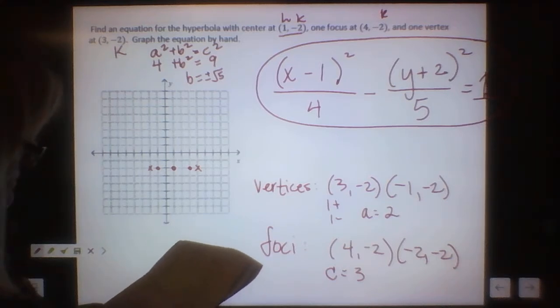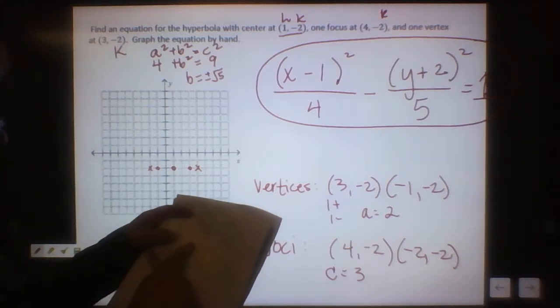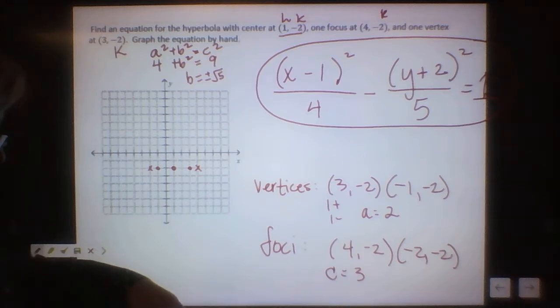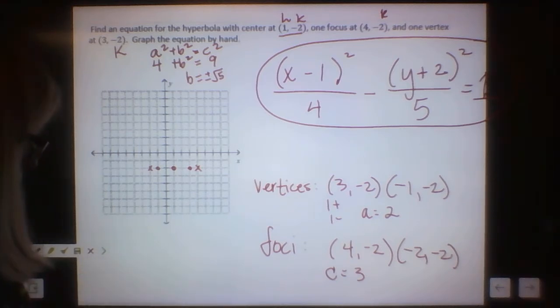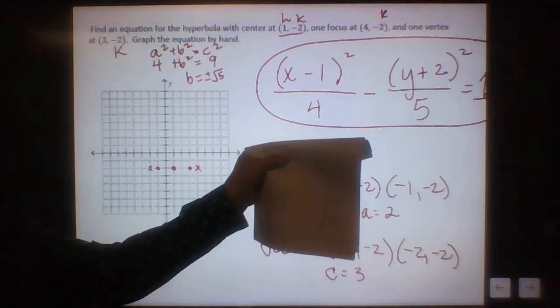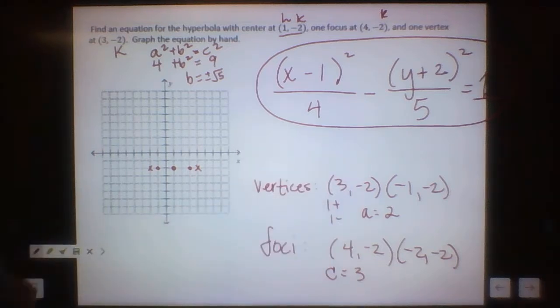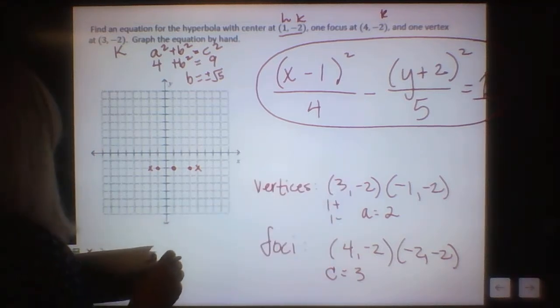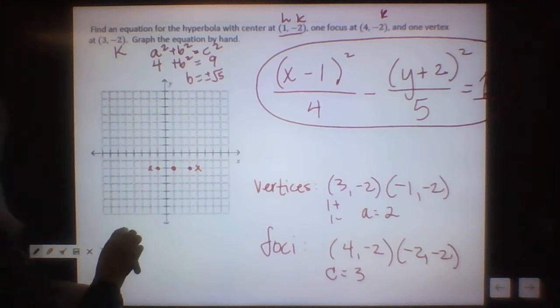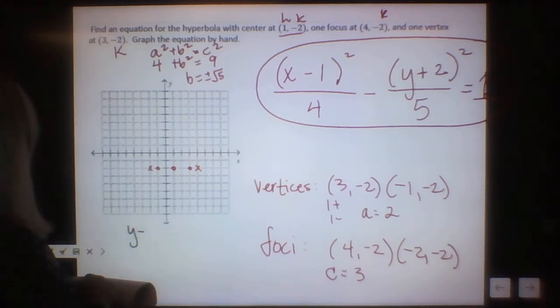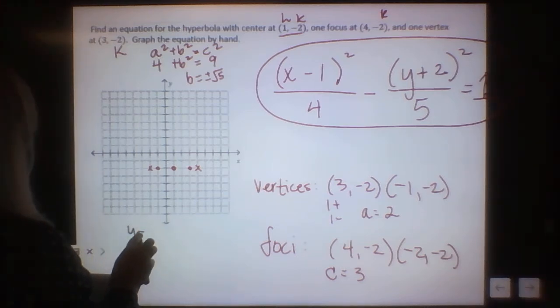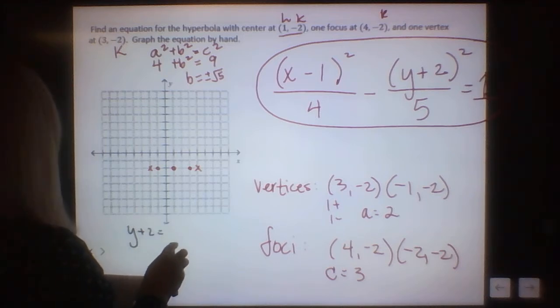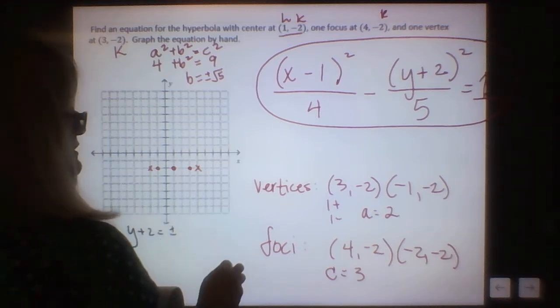Now I need to find my asymptotes. That equation of asymptotes. We are going to have to work out this equation. Let's see. And this is the x first. So it's going to be y minus, what is k? So it'll be y plus 2 equals plus or minus, what is b?